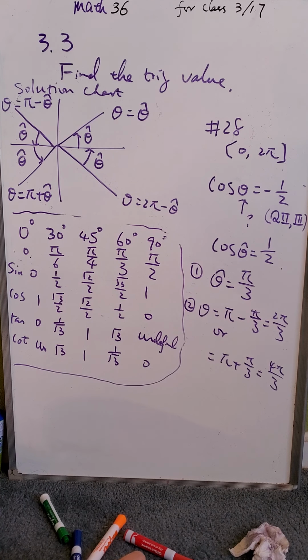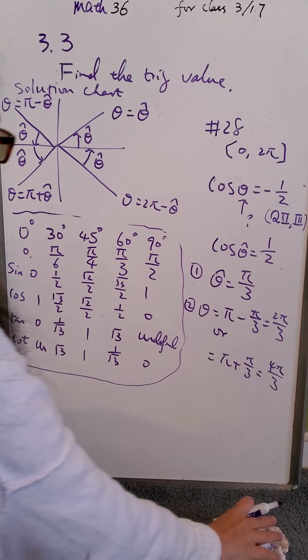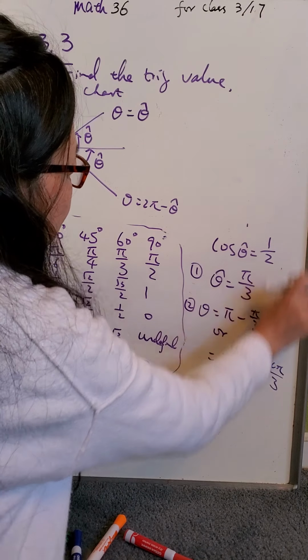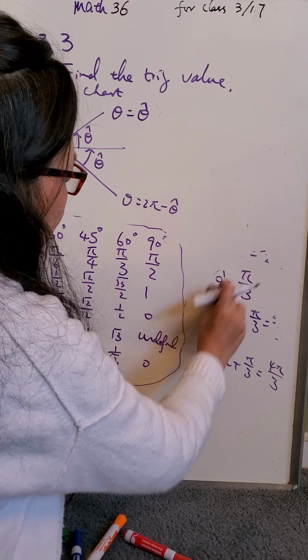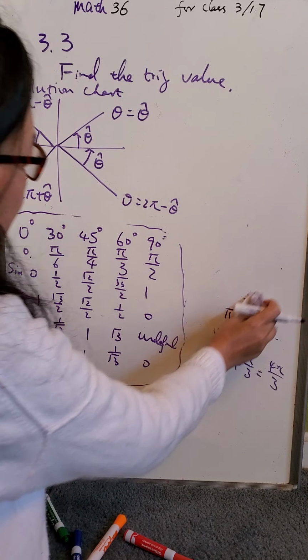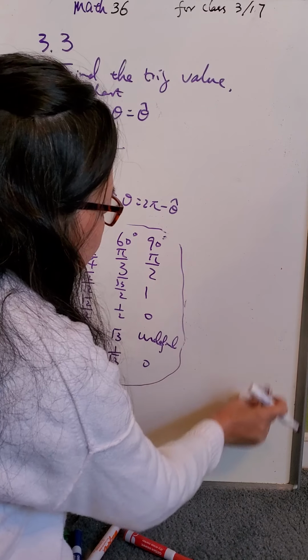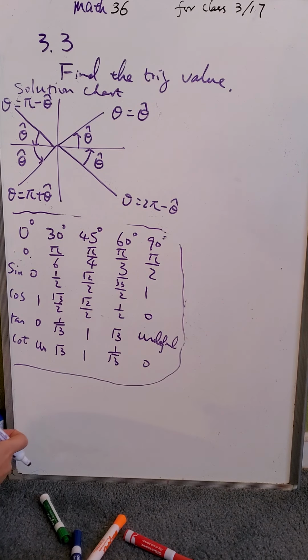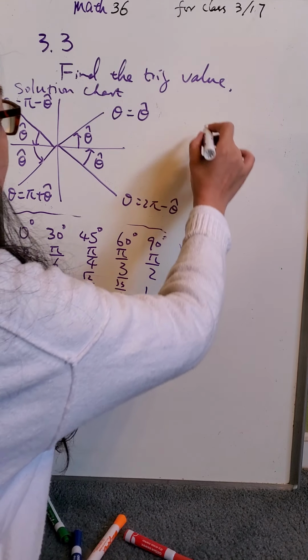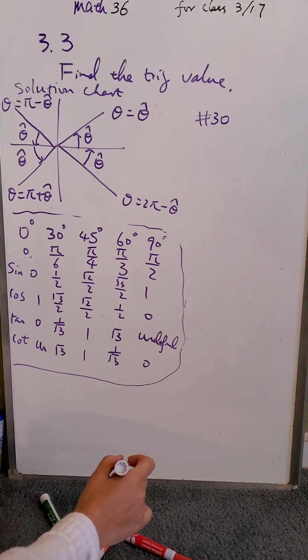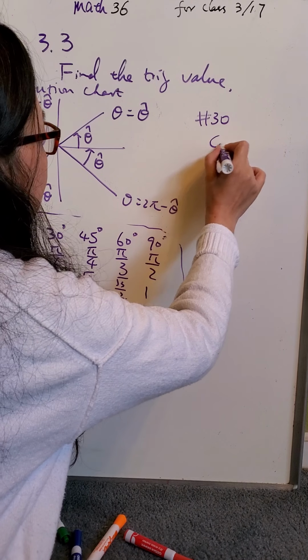Let's try number 30. When you have a chance, make sure you put this into your 3x5 index card so you can memorize it. We have cosecant theta equal 1.